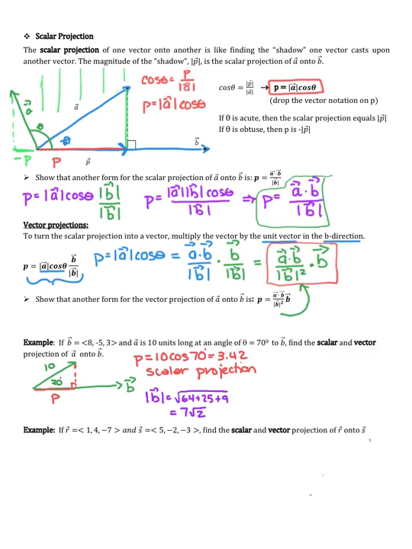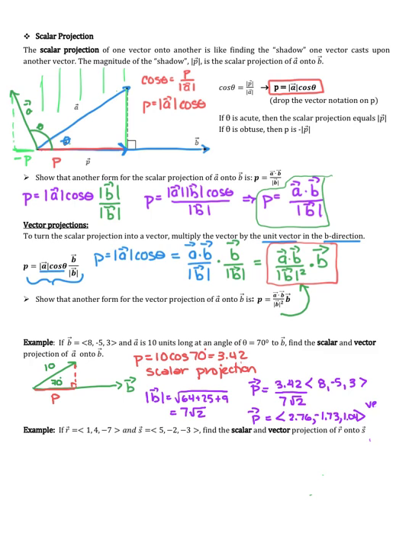So to turn our p into a vector now, so now it gets a little arrow over it, we're going to take our 3.42 and multiply it by the vector 8, negative 5, 3, but we're multiplying by the unit vector, which means it's getting divided by the magnitude here. And so what you would usually do is then just go to your calculator and get a nice decimal for all of this. So we should get 2.76, negative 1.73, and 1.04.